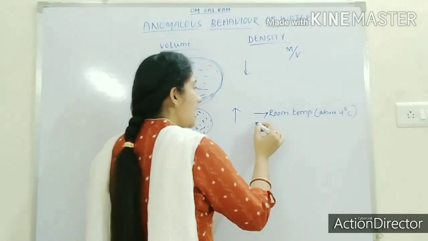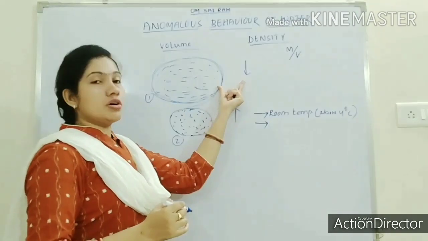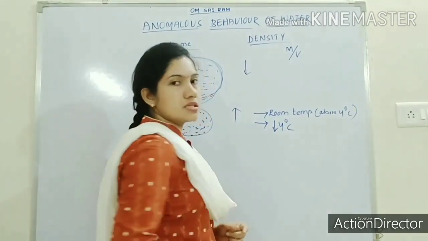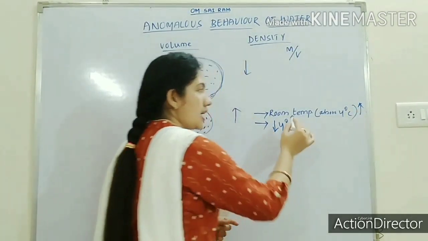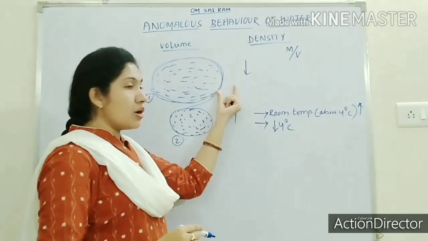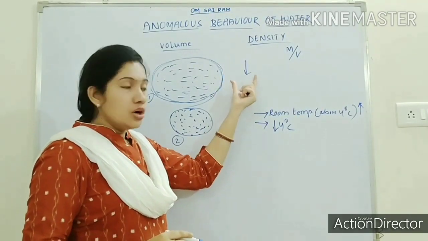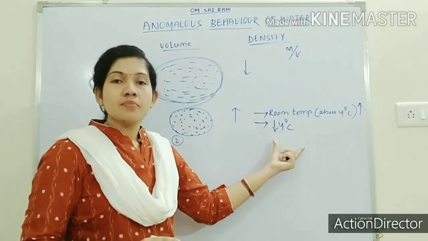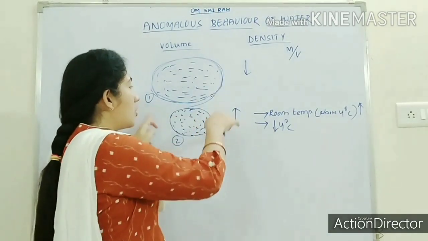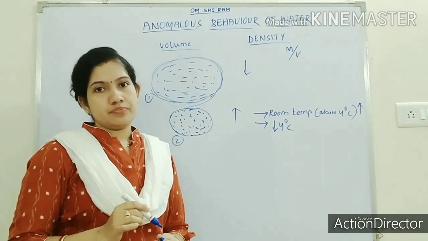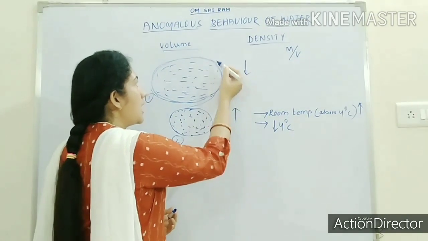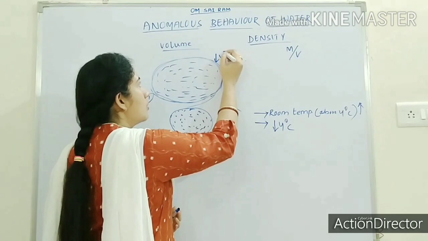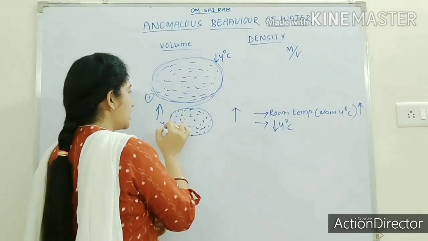But when we allow the same water to cool below 4 degrees Celsius, this is above 4 degrees Celsius at room temperature. But when we allow the same water to cool below 4 degrees Celsius, its volume will not decrease.